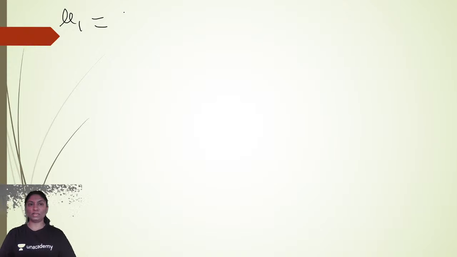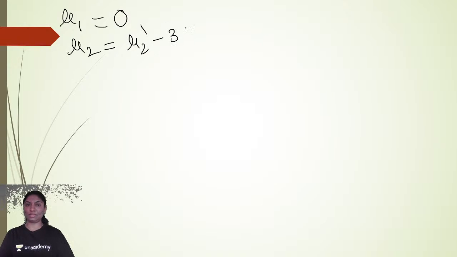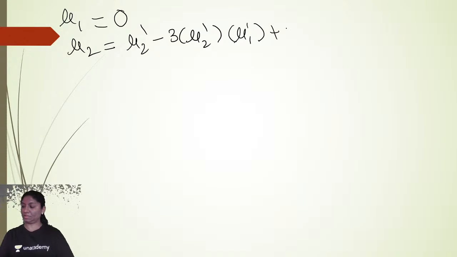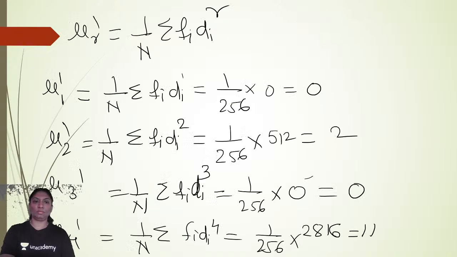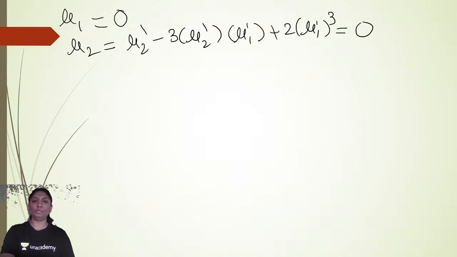Now mu1 is equal to 0. Mu2 is equal to mu2 dash minus mu1 dash square. Why? See, most of the values are 0. Mu1 dash is 0 and mu3 dash is 0.